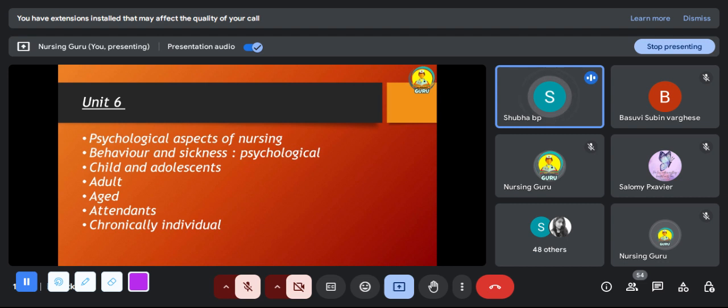As a nurse, if she needs to work in a psychiatric hospital, she should know how to handle the psychological patient. So in unit 6 you are going to study how, as a psychological nurse, to work, how to behave, or how to handle the patient.